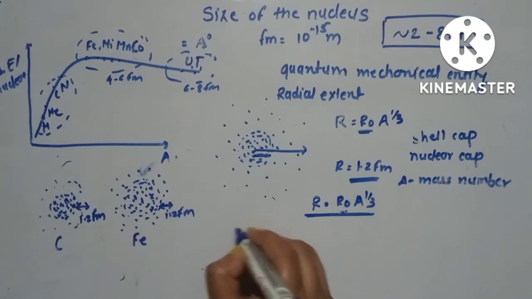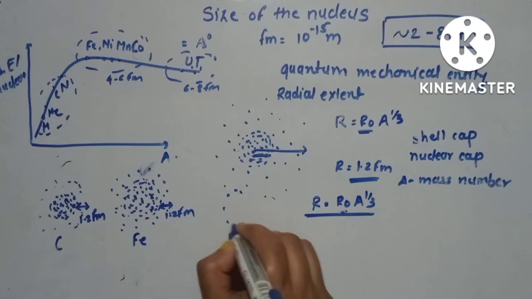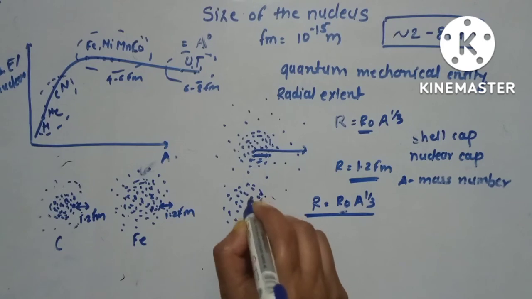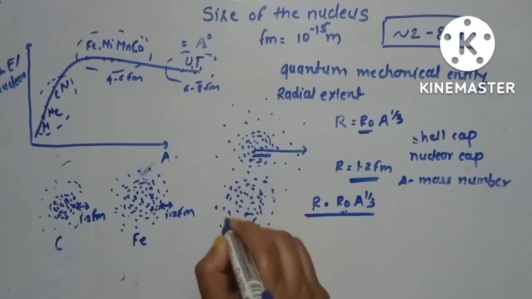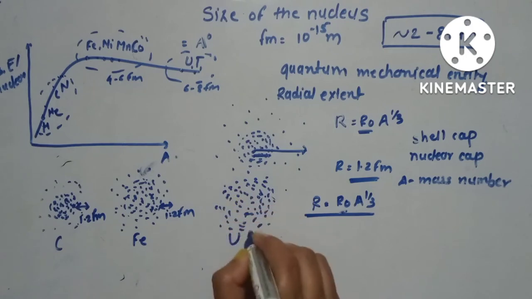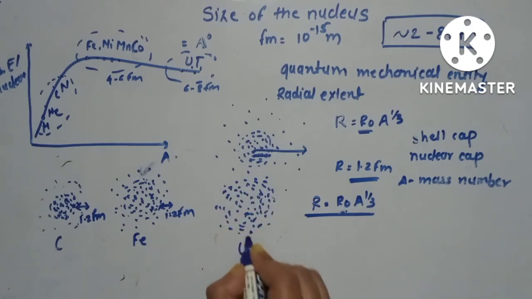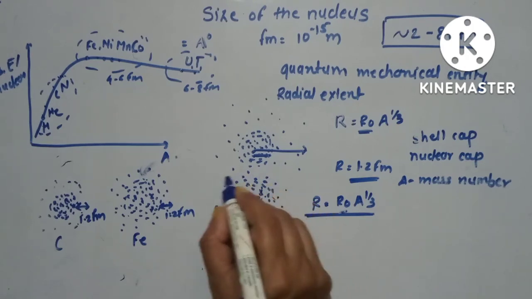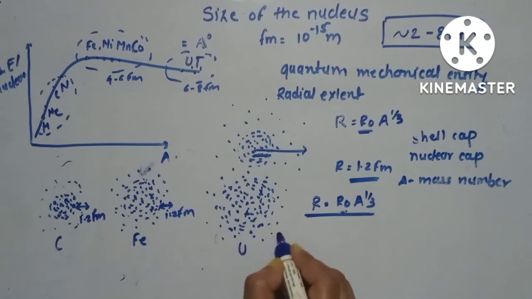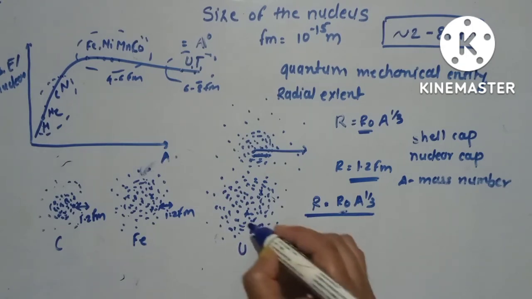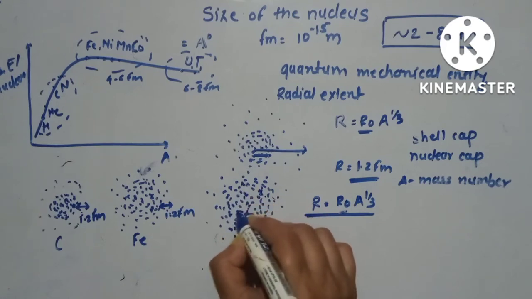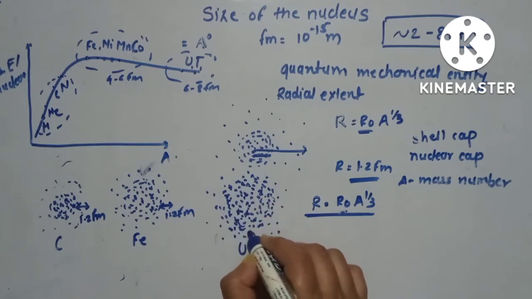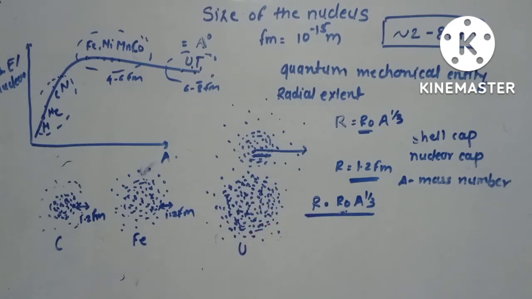If I go for uranium, again the inner core, or the uniform charge distribution in the inner core, will increase in size, but still the shell cap will remain constant. This is how the nuclei in the whole periodic table look. As I always say, this is not a classical picture, this is an imaginary picture, because nuclear and particle physics is all quantum mechanics.